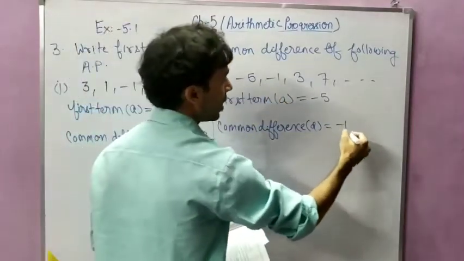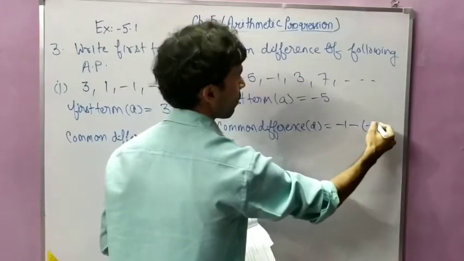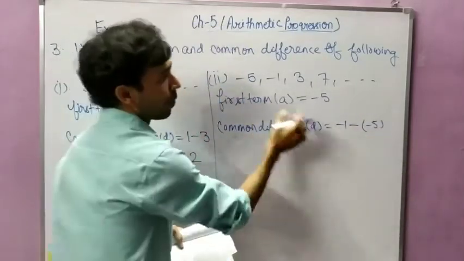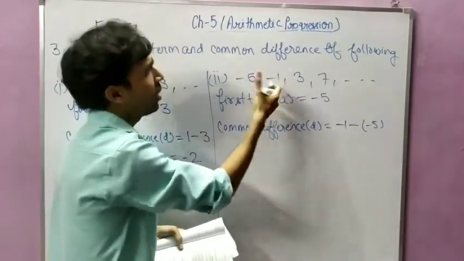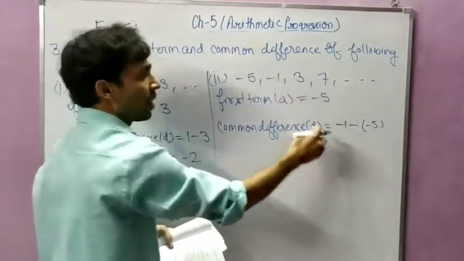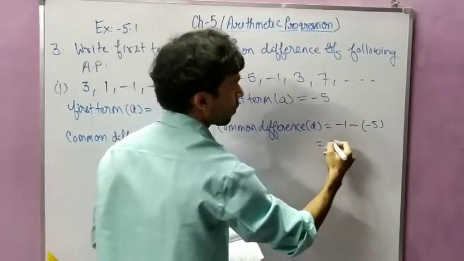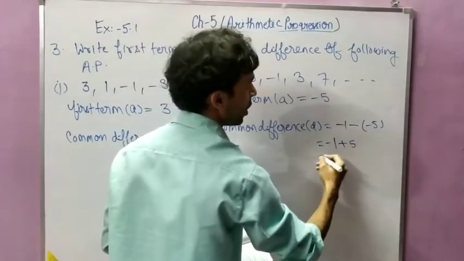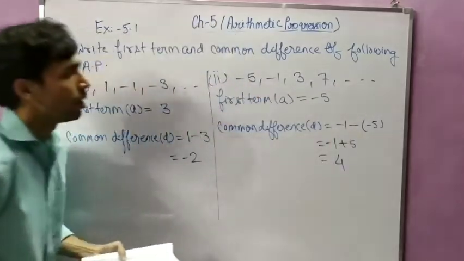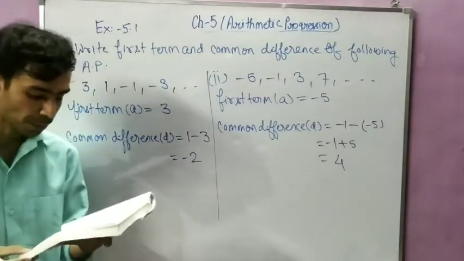So minus 1, I am taking these two, so I will subtract this minus this. So minus 1 at first, then minus, and after that minus 5. So minus 1 plus 5, so it will be 4. So in the second part, first term is minus 5 and common difference is 4.